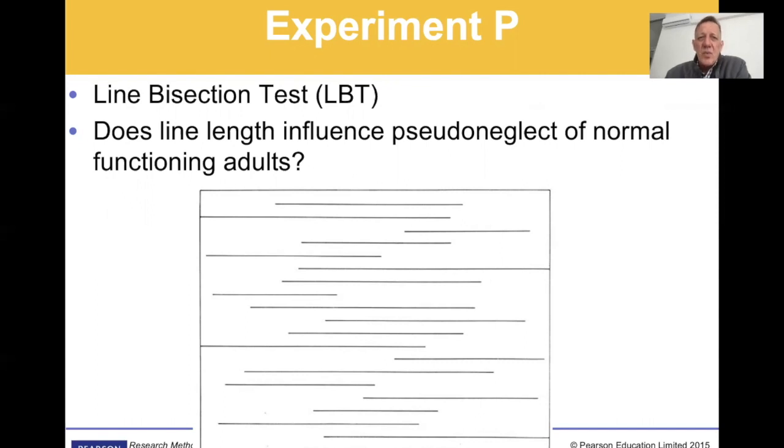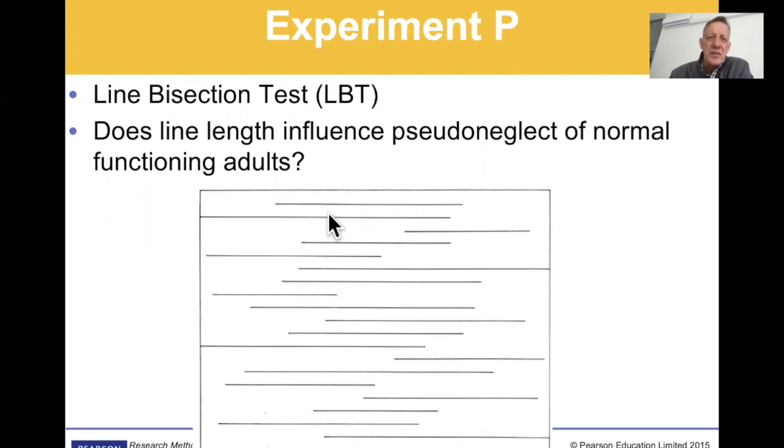Now, one of the ways that you assess for pseudo-neglect, or neglect in any case, is to give people the line bisection test, or the LBT. It consists of a sheet with a number of lines, and you ask a person, listen, indicate the exact half of that line. Bisect the line with a pencil in some way.